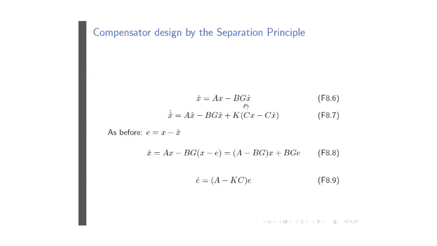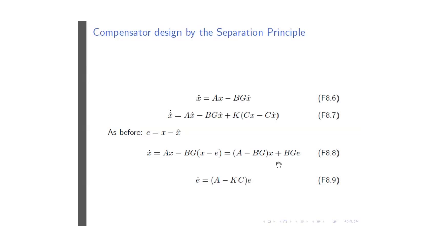The first equation, the plant equation, changes to this. And you can check the mathematics. So equation 8.8 is the resultant equation when I replace x caret using this equation in equation 8.6. And equation 8.9 is the resulting equation that I get if I do the same with equation 8.7.